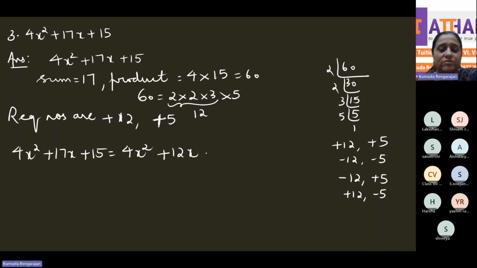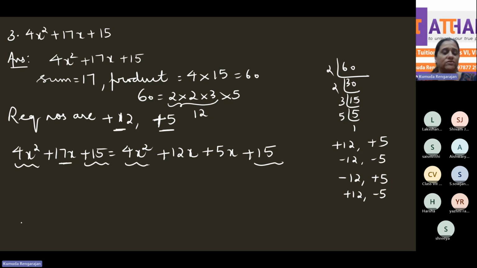Then the last term, plus 15, as it is. Write 4x squared and plus 15 as they are. The middle term you should split: plus 12x plus 5x.